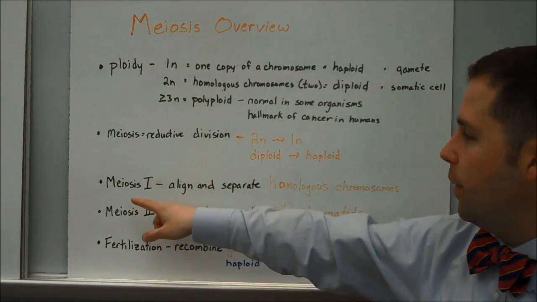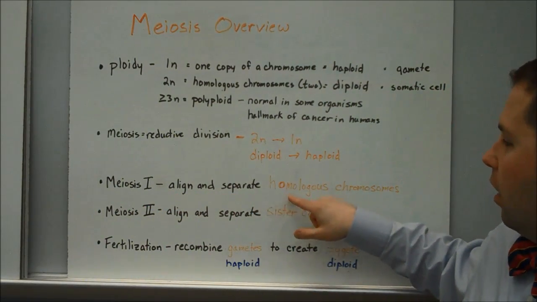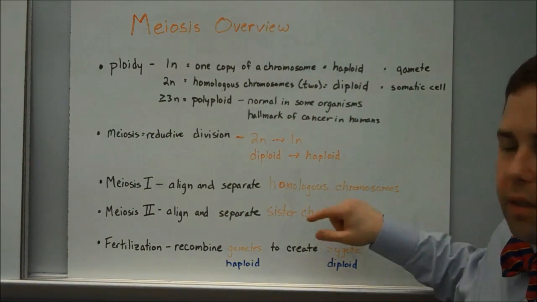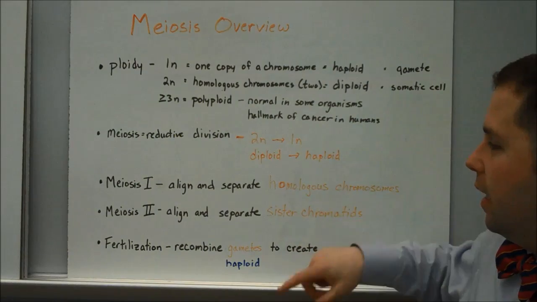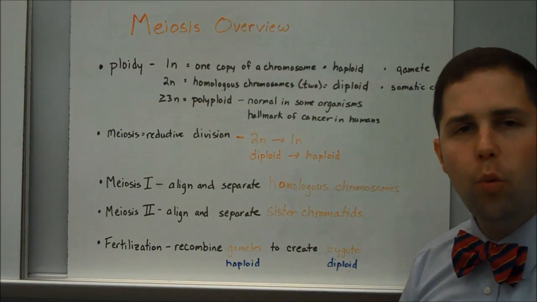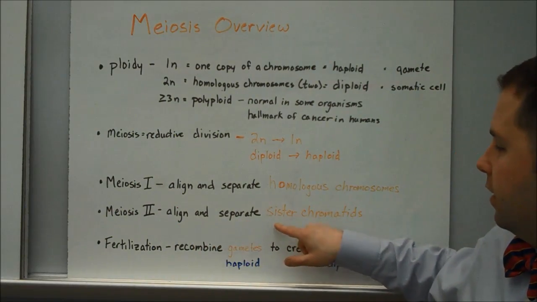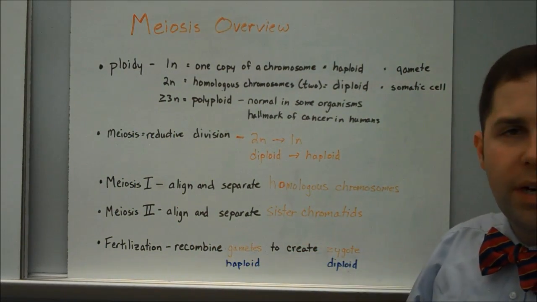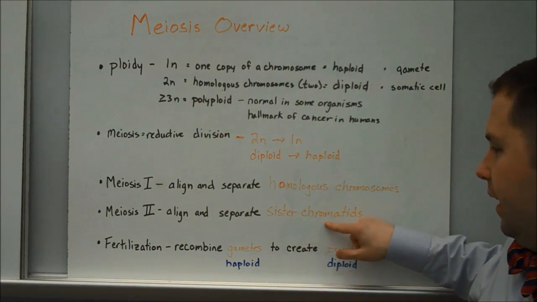Specifically, when we go through meiosis I, we're going to align and separate our homologous chromosomes. So meiosis I separates homologous chromosomes. Then we're going to go to meiosis II, which looks like mitosis, where we're going to align and separate our sister chromatids. So meiosis I separates chromosomes, meiosis II separates chromatids.